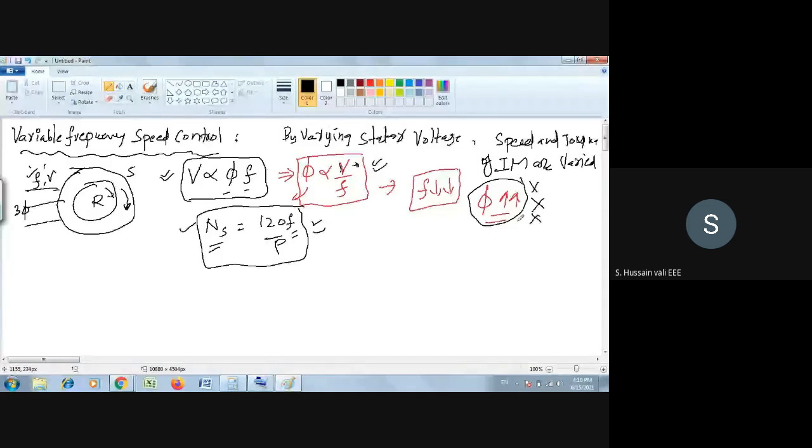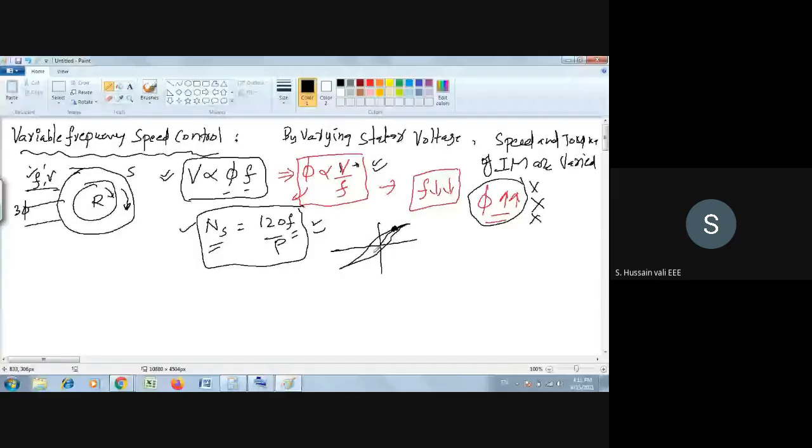Why it is not correct is that you recall this BH graph. In normal conditions, you will operate the flux somewhere here, not at a low value, because if you operate at a lower value, the other part is totally unused, and you don't want that to happen.